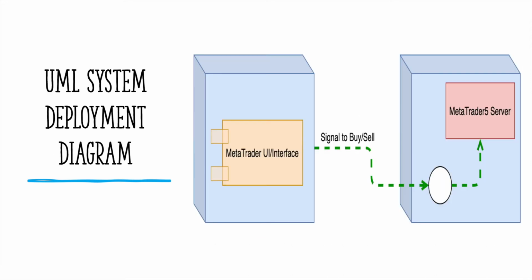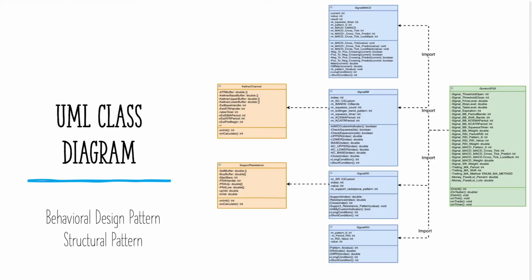This is again similar to the above diagram. It's the UML system deployment diagram, and again there's a UI interface that interacts with the server and updates the UI according to the signal that's been sent.